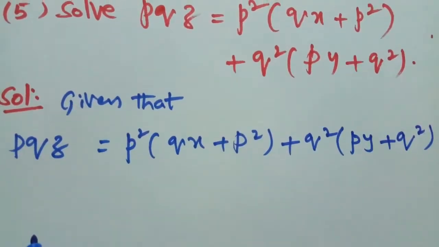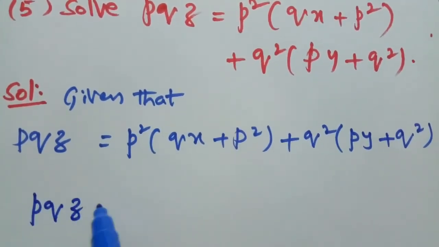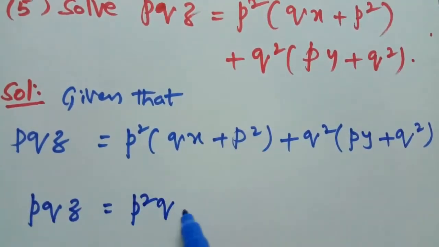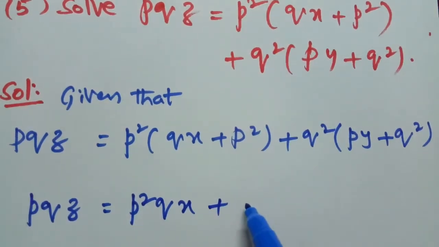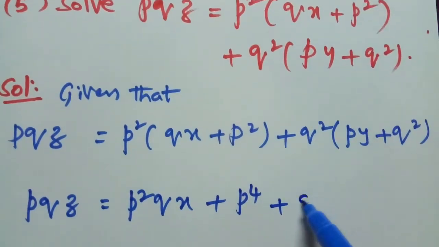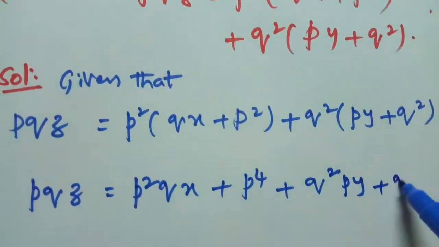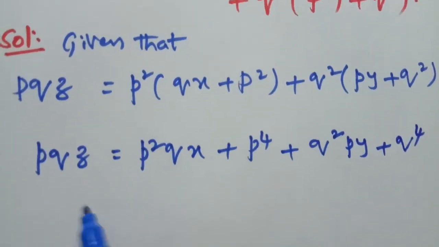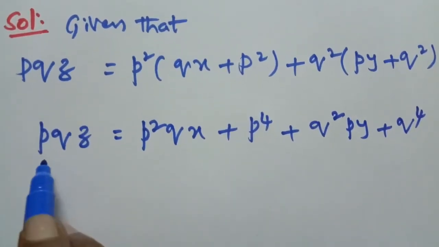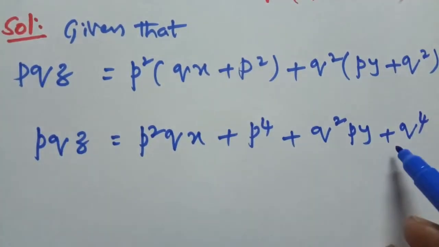Therefore, this can be written as pq into z is equal to p square into q into x plus p square into p square, p power 4, plus q square into py plus q square into q square, q power 4. Now this can be simplified again, dividing throughout by pq, or we are writing this pq in the right hand side.